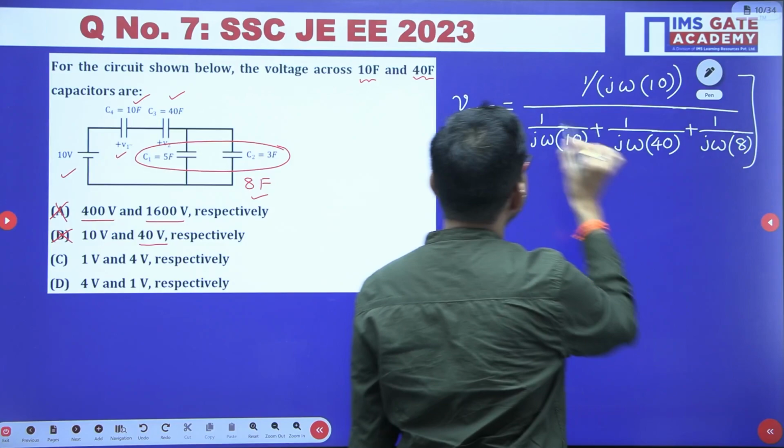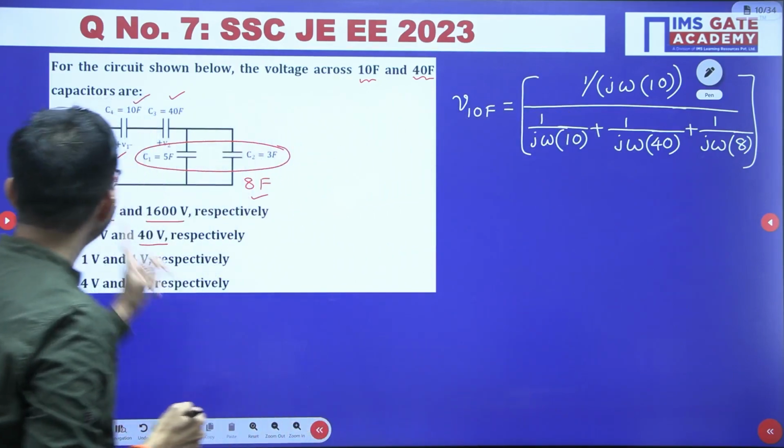Now you can consider the overall supply voltage. Supply voltage is 10 volts.